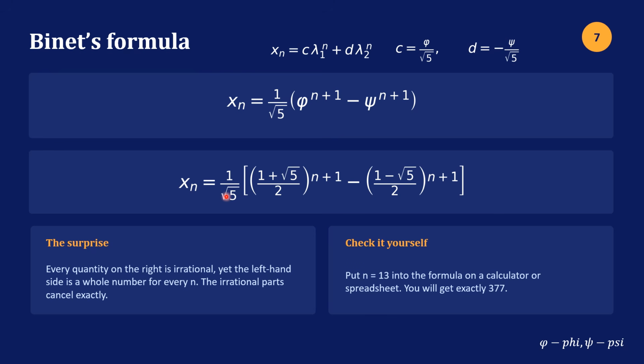It seems highly unlikely, but if you even take the case like n equals 2 or 3 and multiply it out, you see that things cancel and you actually do get whole numbers. Here's just check for yourself. Of course, you won't want to multiply this out to the 13th or 14th power, but if you use the calculator, you'll get exactly 377, or very close if there's some rounding off.